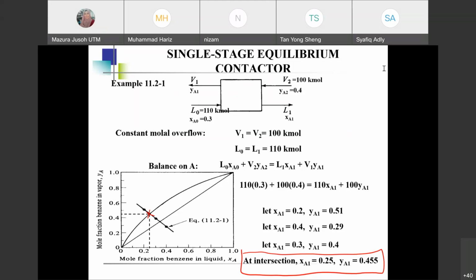For X, you are more accurate, I mean, with more decimal places. For Y, you have fewer decimal places than the answer that you have on the slides, but that's okay. I think if you have 0.25 and 0.45, it's already okay.